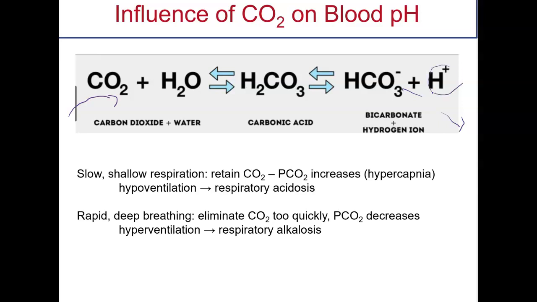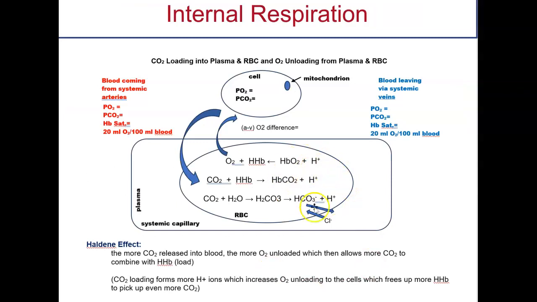And this hydrogen that's produced isn't any big deal, because remember that any hydrogens typically produced during internal respiration when CO2 loads are used to kick off the oxygen. Hemoglobin, remember, actually buffers all of those for us. So as long as we have normal CO2 levels in our blood, we're exhaling it when it gets to our lungs, we don't have a problem.